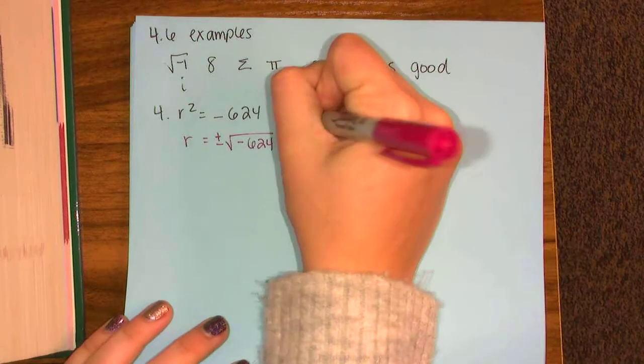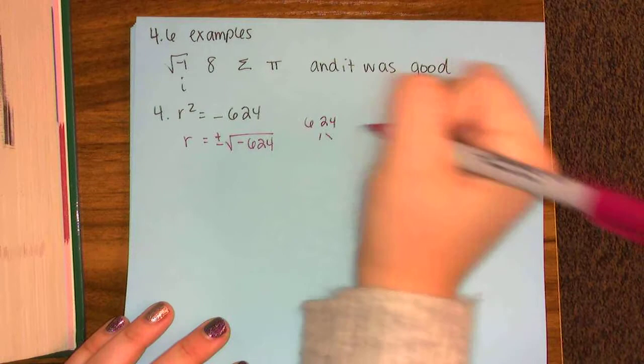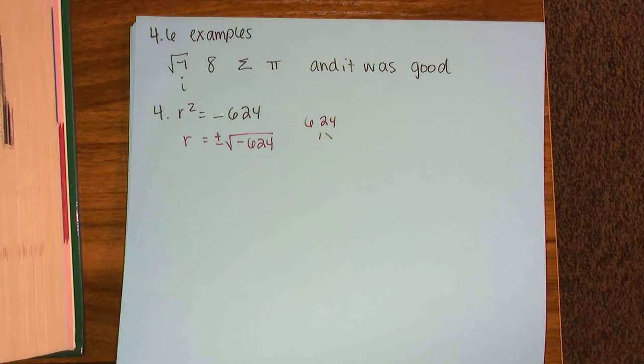So I need to factor out 624. What goes in there?